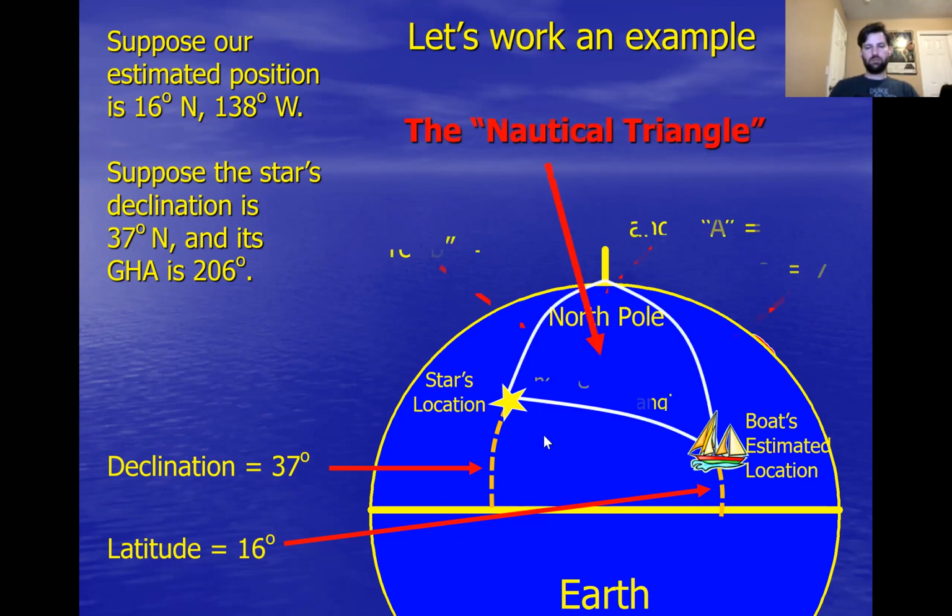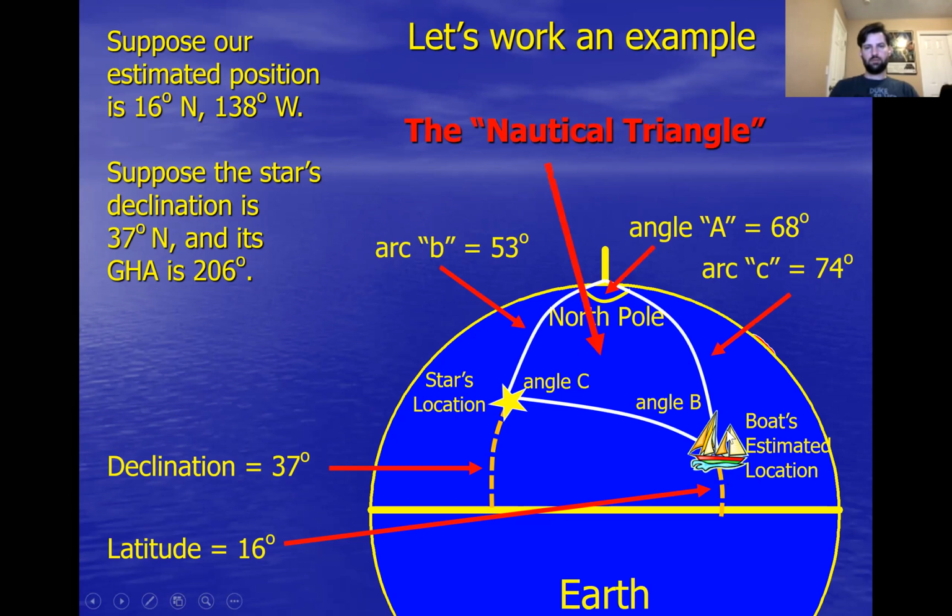Okay, so we can then draw the triangle. If we're at 16 degrees above the equator, and we know that from the equator to the North Pole is 90 degrees, then this side of the triangle must be 90 minus 16, which turns out to be 68.